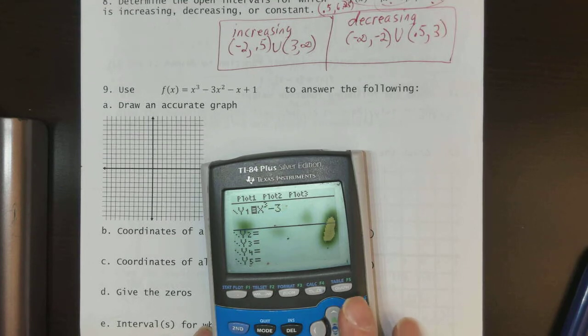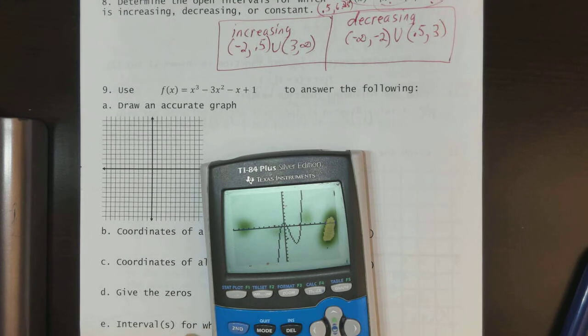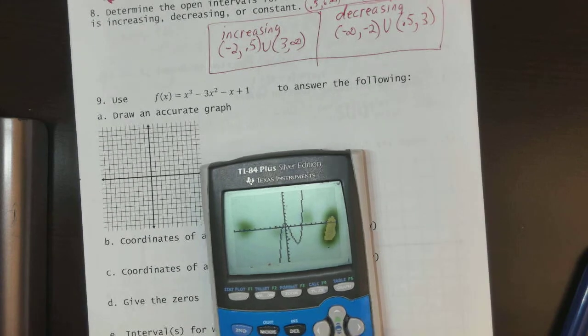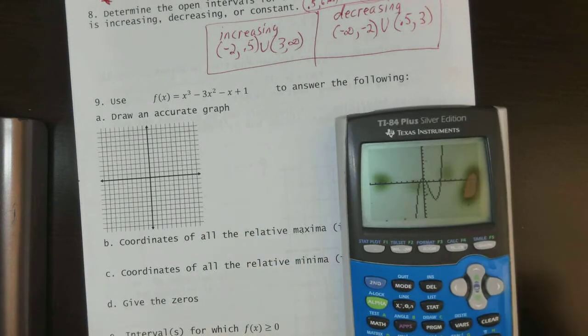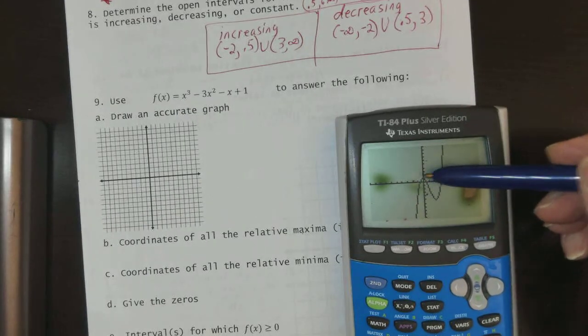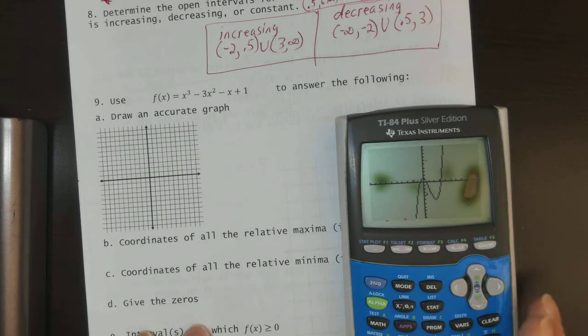Minus 3x squared minus x plus 1. Okay, I got a standard graph on right now. Okay, that is an interesting looking graph. I'm going to answer where this max is, this min is, and where these zeros are. I want to find all that information out first.